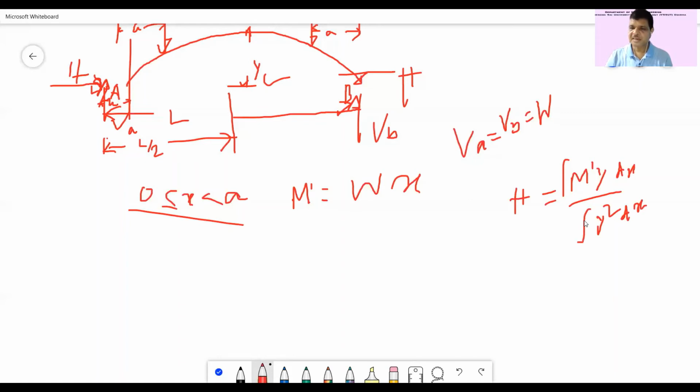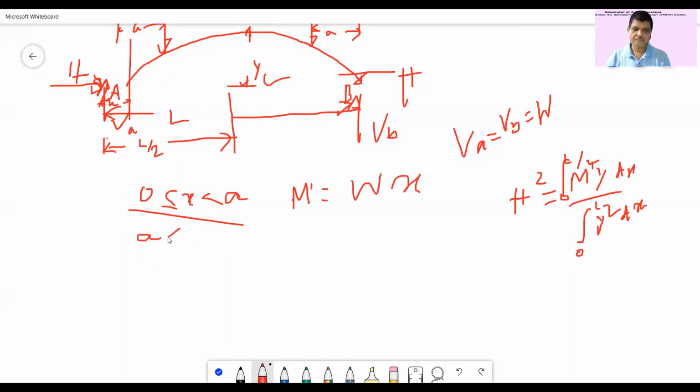And this integration is 0 to L for one curve equation, but here we are taking 2 times 0 to L by 2. So between 0 to L by 2 there is one load, and there are two different sections to find the bending moment. Then 0 to a is equal to this.